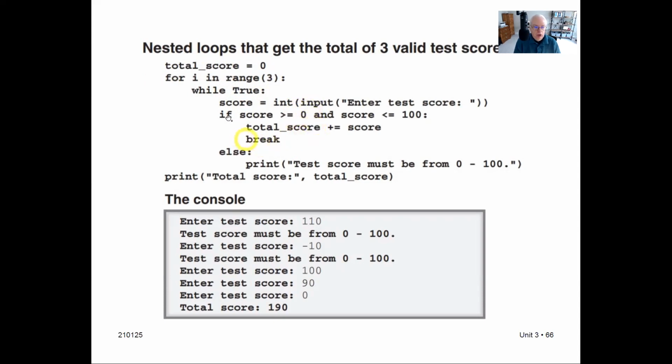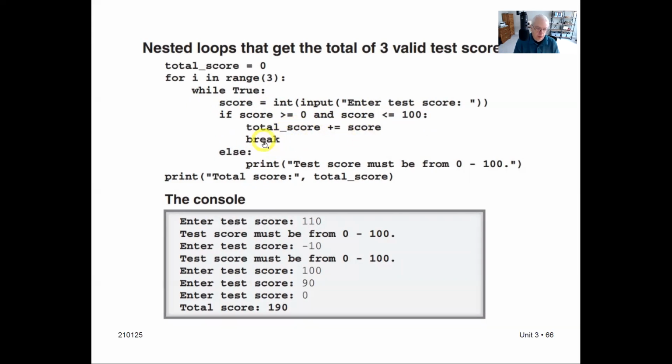But we're going to break here, after we do the total score, so it will give us the total score. If the score is equal to or greater than 0 and, compound operator, score is less than or equal to 100, then increment the total score, add to that the score, and break.